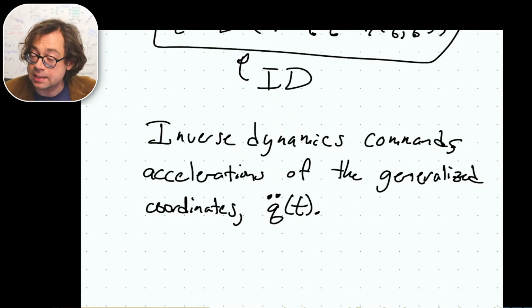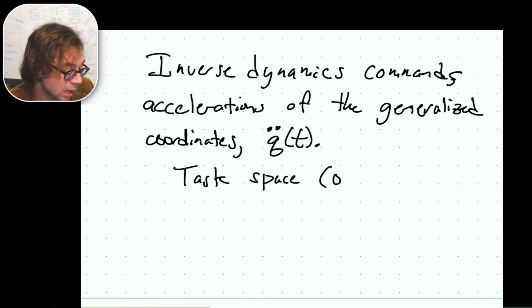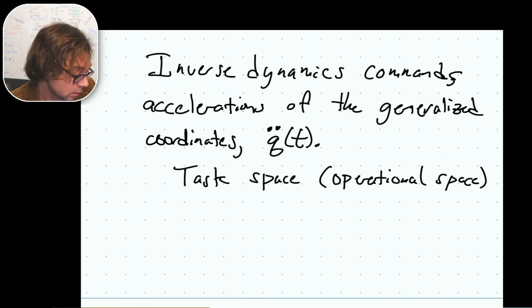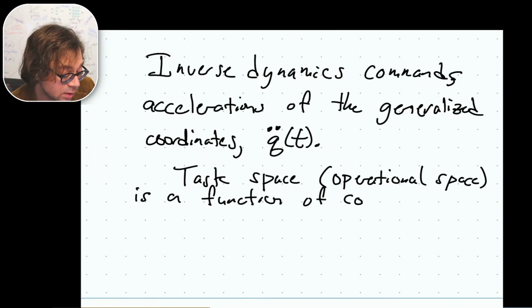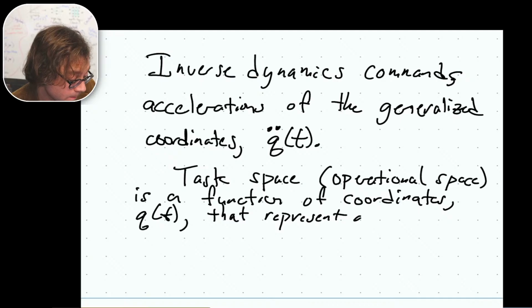But what we've been talking about is the idea of having a task space. So what if we have a task space, or an operational space, which is a function of your coordinates, your q's, your positions, that represent a useful target.